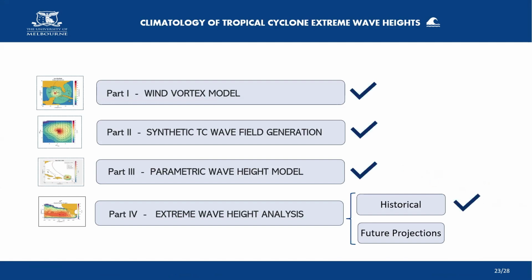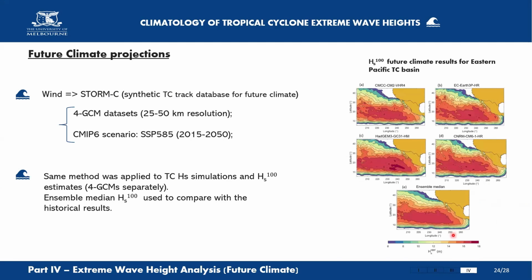Now that we have presented the extreme wave height analysis for the historical data for the present day, we are going to show the extreme wave height analysis for the future projections. For the future climate projections, we use the wind parameters from the STORM database, the synthetic tropical cyclone track database for future climate.